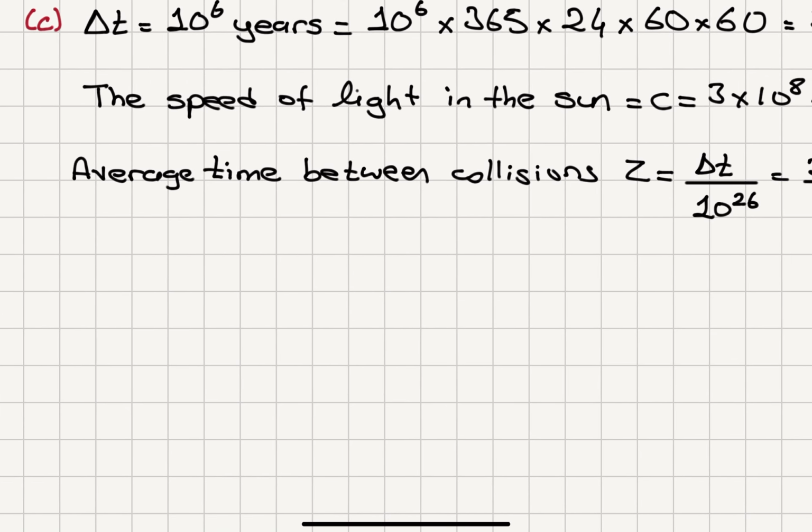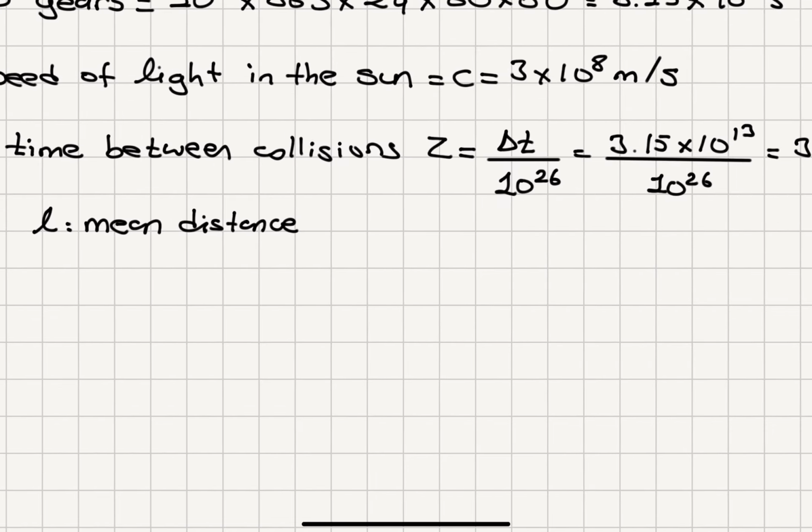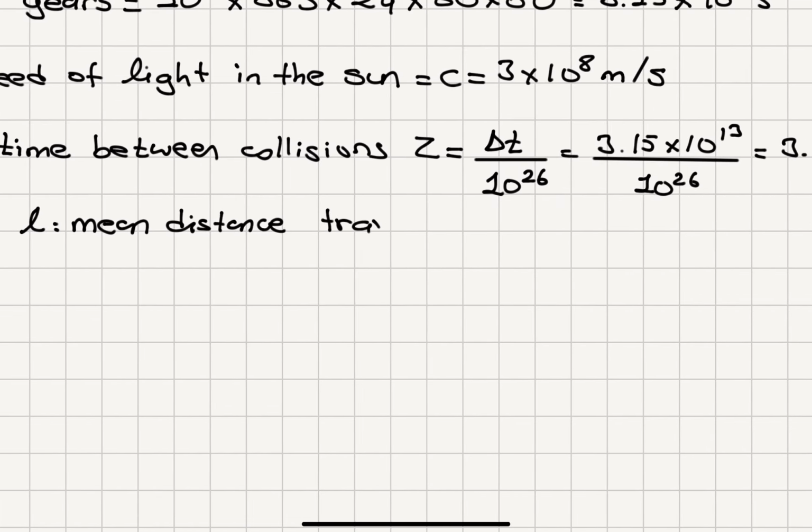The speed of light is the distance the photon travels without colliding, the mean free path, divided by the average time between collisions. L is the mean distance traveled between collisions.